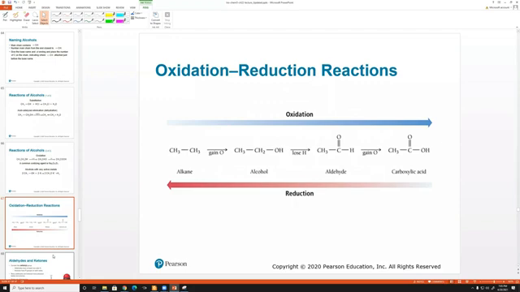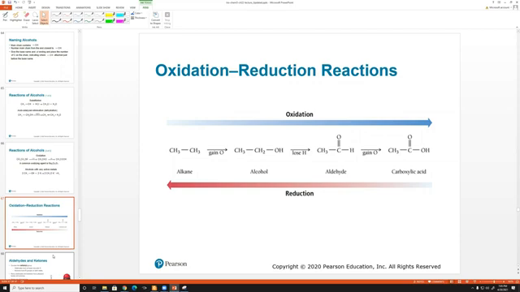So all we have to know is that we're in the middle of learning the hierarchy from the most reduced hydrocarbons to the most oxidized hydrocarbons. If you think about oxidation, what does that mean? You are either adding oxygens or removing hydrogens.